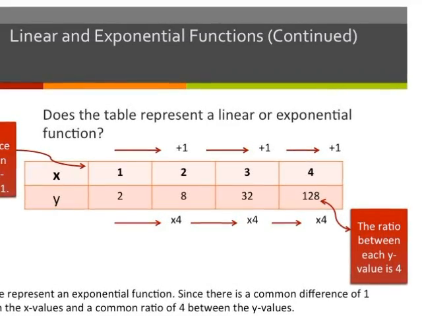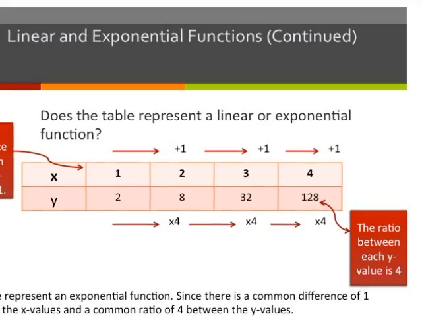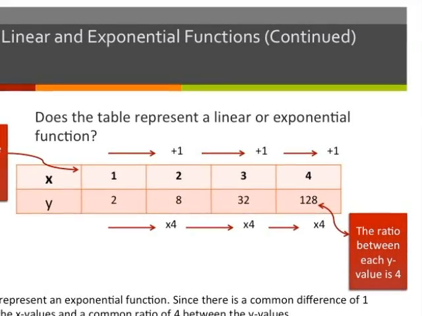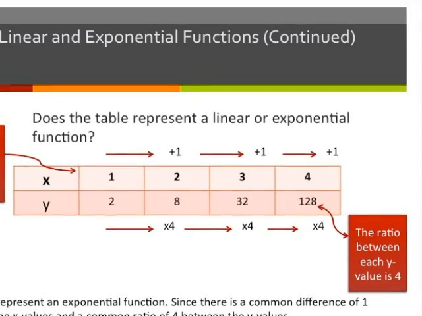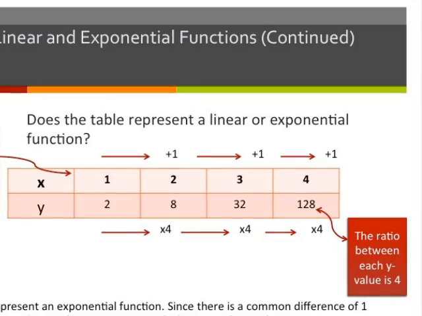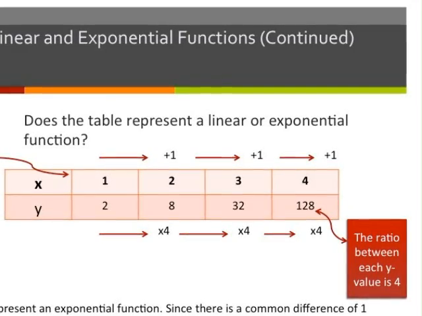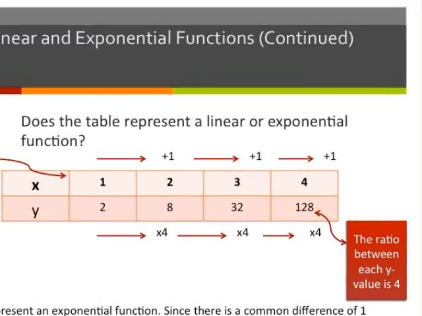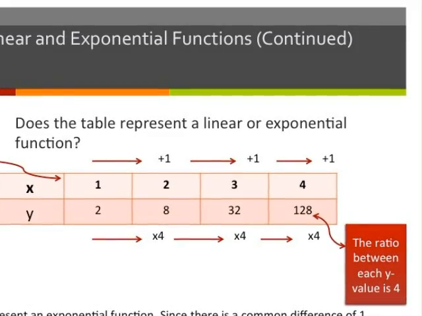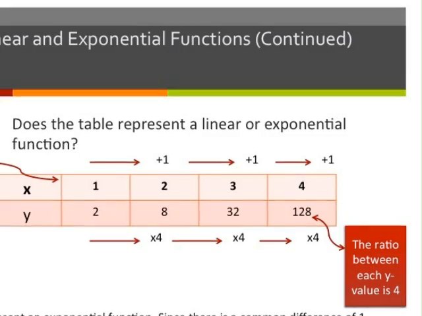We know that if we multiply 2 times 4, we get 8, which is our second y value. Now, if we multiply 4 by 8, we get 32. So therefore, that's our third y value. Now, if we multiply by 4 again, we get 128 for our fourth y value.